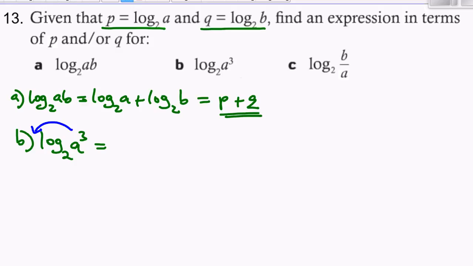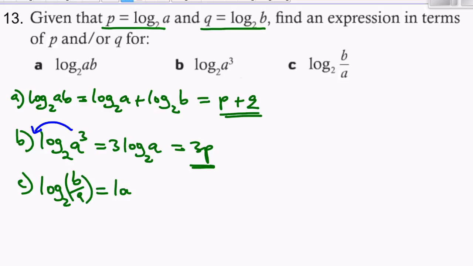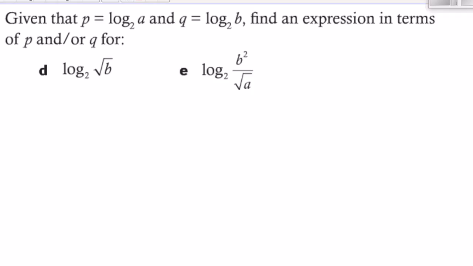So what you'll end up with is 3 log to base 2 of A, which is equal to 3P, because up here, P is log to base 2 of A. C, we have log to base 2 of B over A, which is log to base 2 of B minus log to base 2 of A, which will be equal to Q minus P. So we'll solve this the same way.